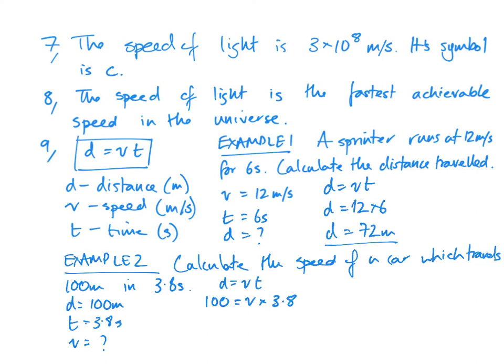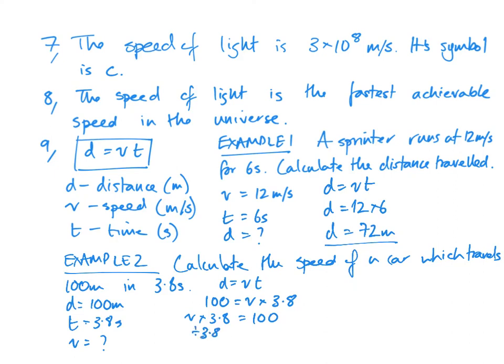Some of you might be confident enough in your maths to go straight to it. But if you're not so sure, go through all the steps. First of all, the v was on the right-hand side, so I want to get it to the left. So I just swap round both sides. I'm not changing anything there at all. But now I want to isolate v. I want a final answer that v is equal to something. I don't want to know what it is when it's multiplied by 3.8.